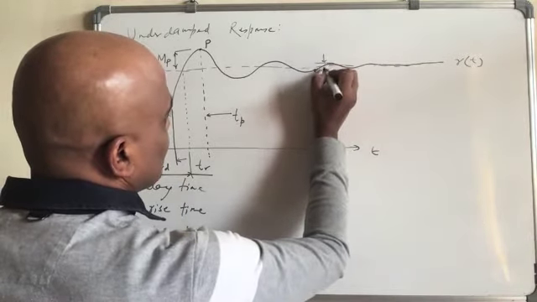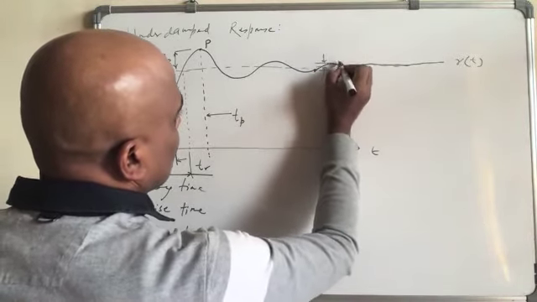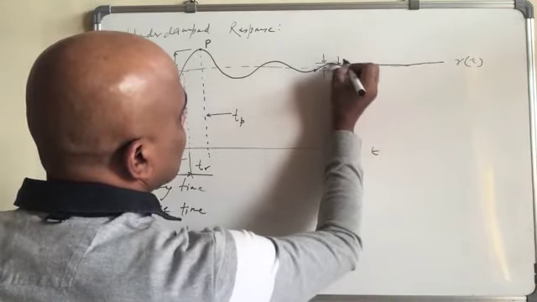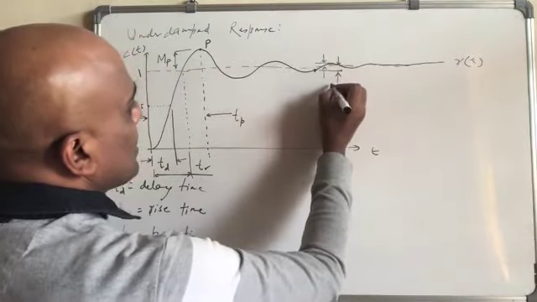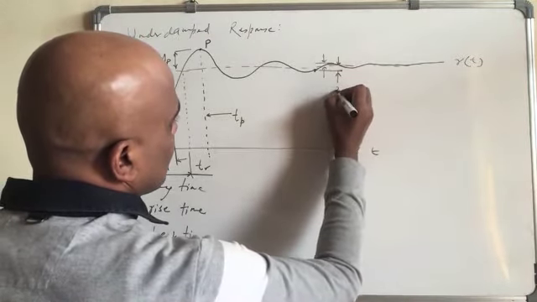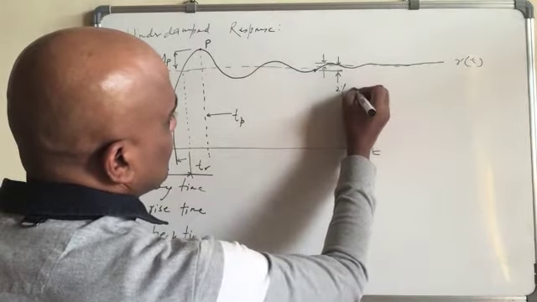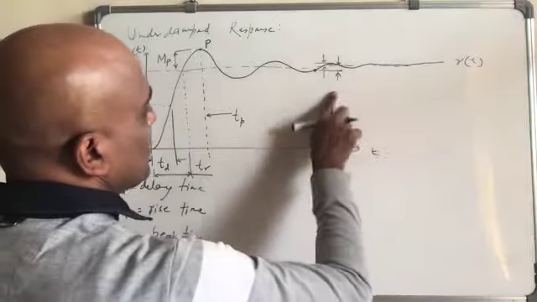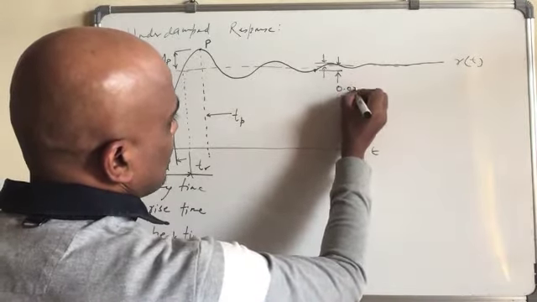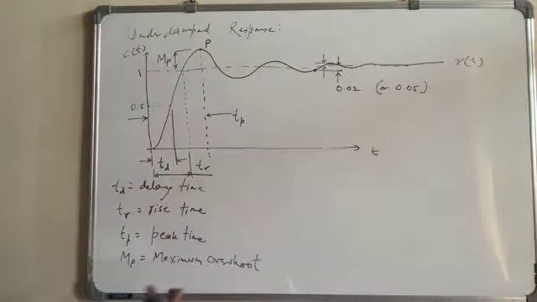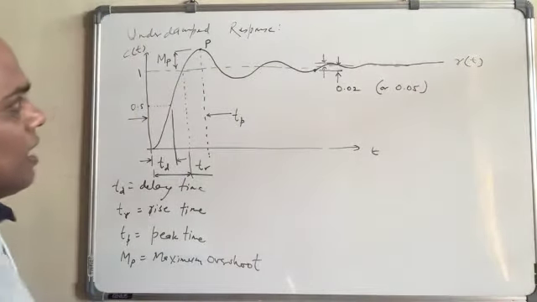From here to here it could be, like this one, within 2%, or since this is 1, this will be equal to 0.02 or 0.05, depending on what is the acceptable value.